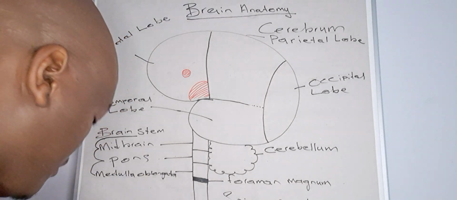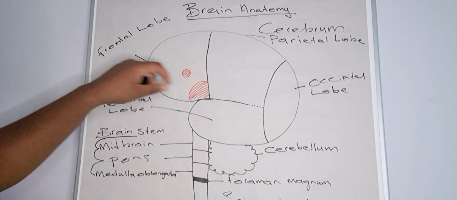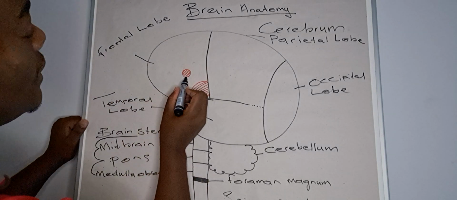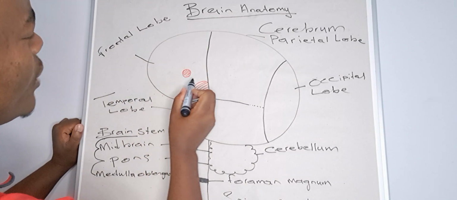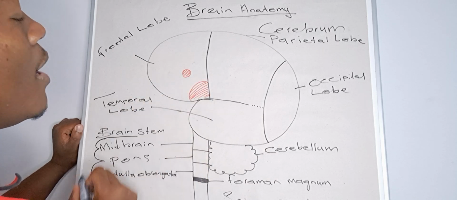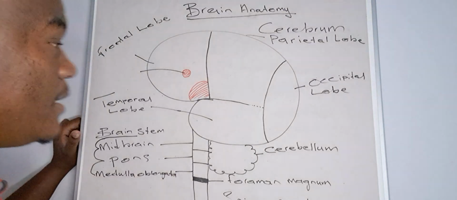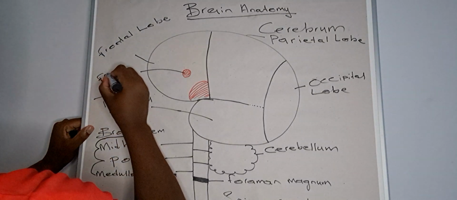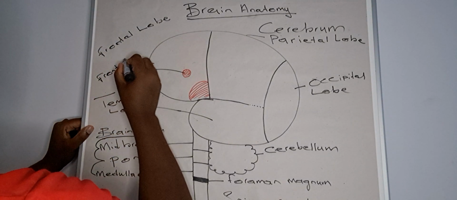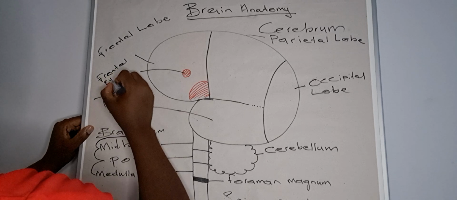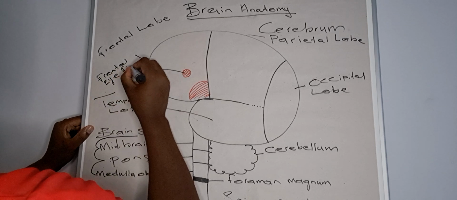Let me finish first with the frontal lobe. What is this one that is useful that we find within the existence of our frontal lobe? This one is our frontal eye field.